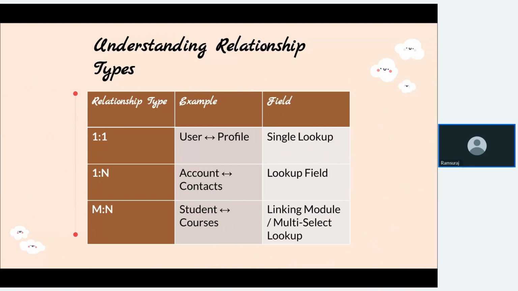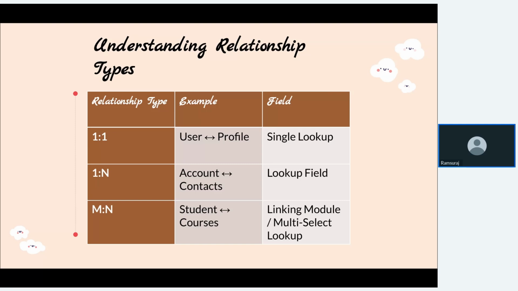Let's take an example to explain this. Suppose you are in an educational business where you have students and courses, right? Each student can enroll in multiple courses, and each course can have multiple students, right?